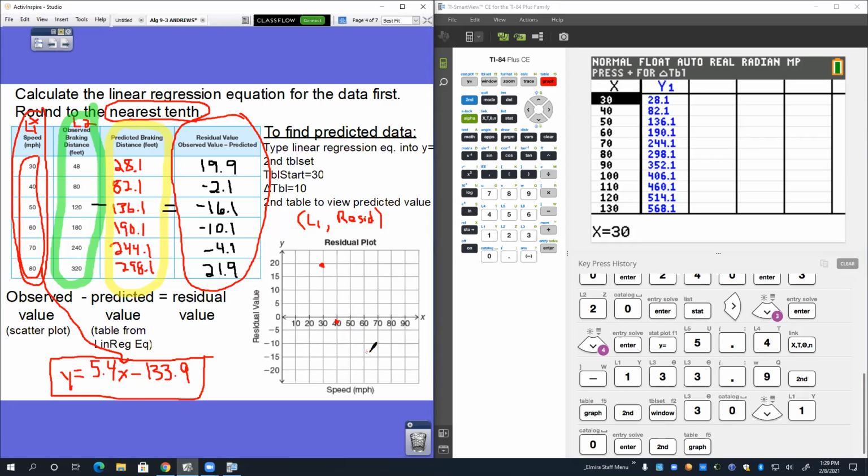And you just have to estimate. 50 and negative 16.1. 60 and negative 10.1. 70 and negative 4.1. And 80 and 21.9. So there's our residual plot.